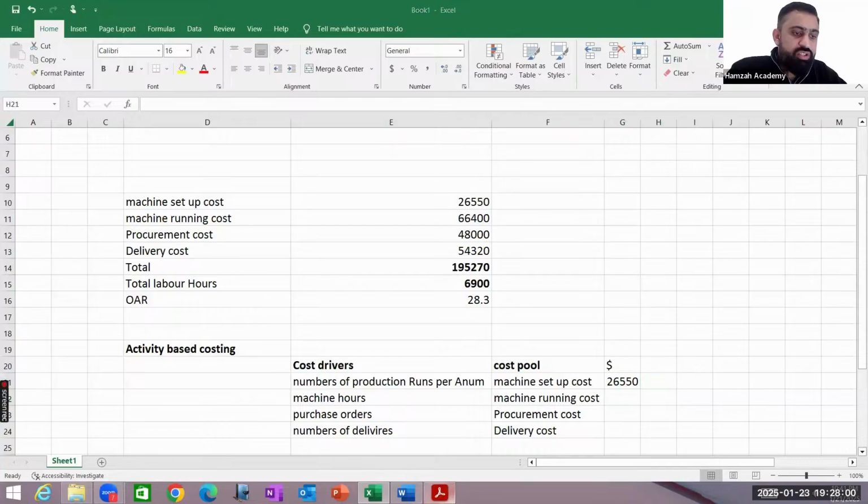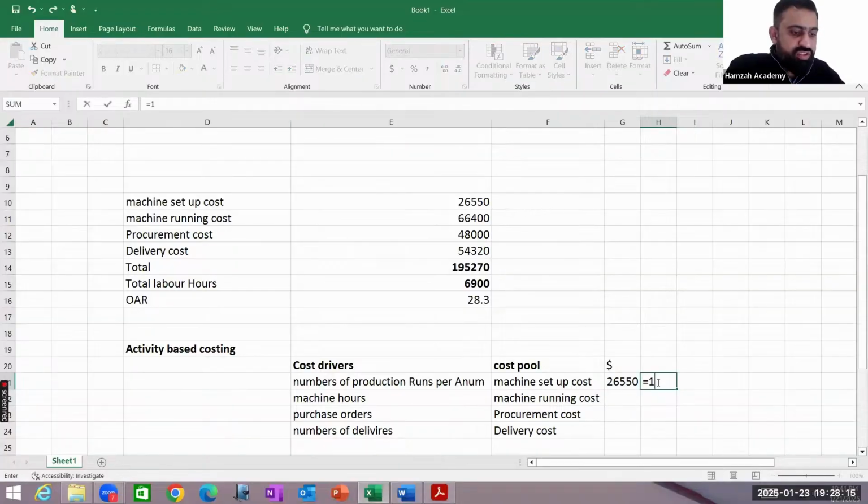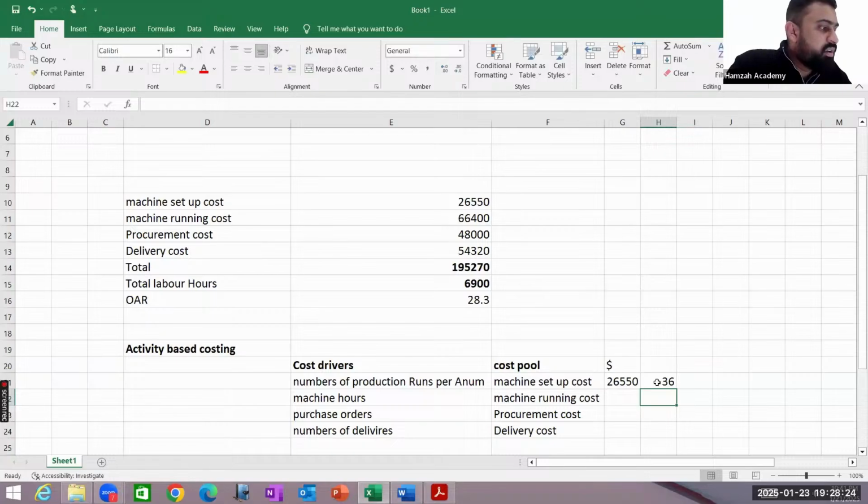If you look at the question, the production runs for A is 16, then 12 for B, and 8 for C. So the total production runs for the machine setup cost are 36.